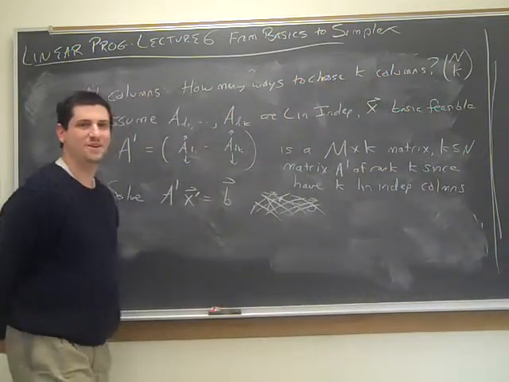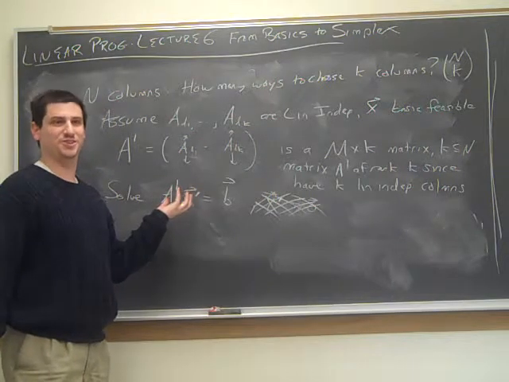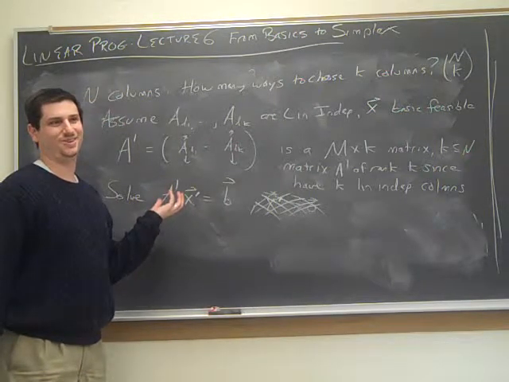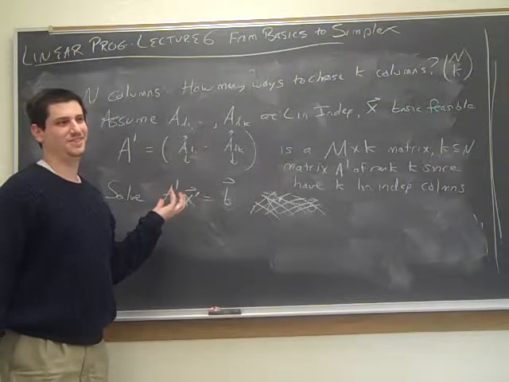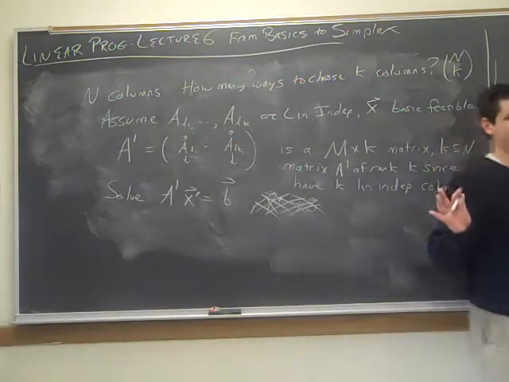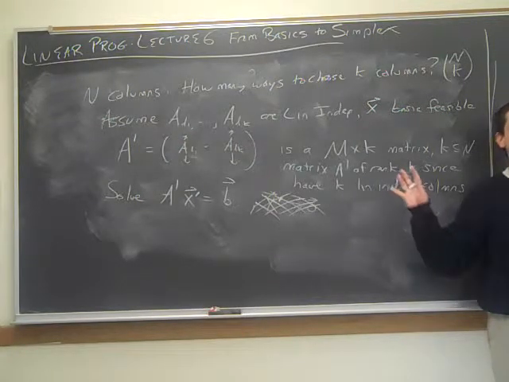The inverse, right? You want to multiply both sides by A prime inverse, right? Now, what's the problem? It's so hard to get the inverse. Yeah, but for theoretical mathematicians, it doesn't matter that it's so hard. That's not an issue for us because we're not actually doing the calculation. This is in theory.